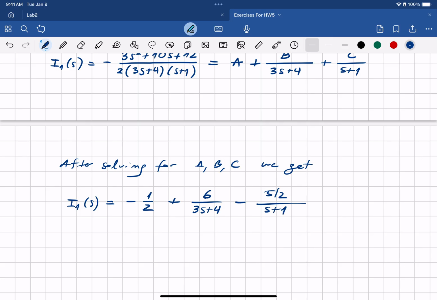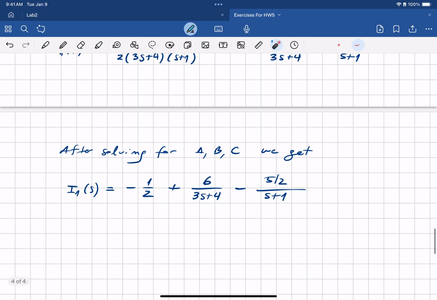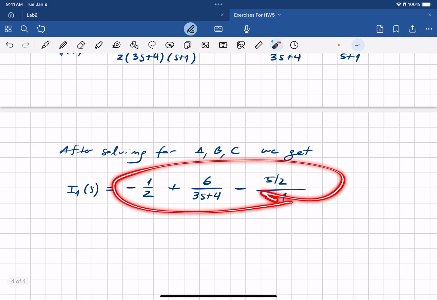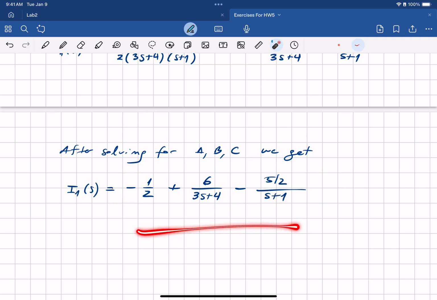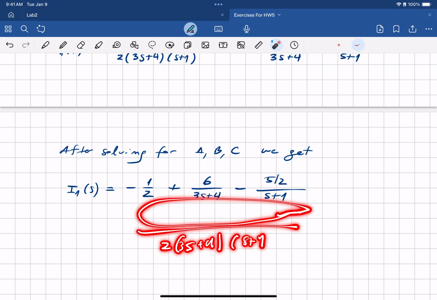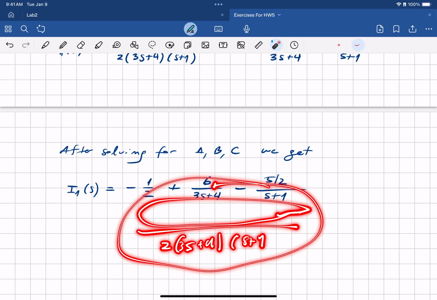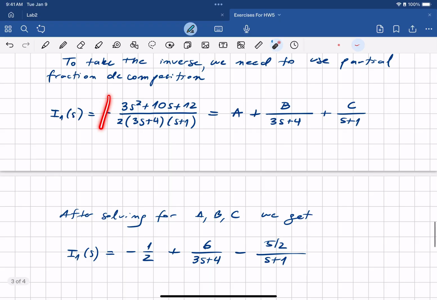How do we know that our answer is correct? Because you can combine them back, right? We have a common denominator, 3s plus 4 times s plus 1. We have something on the numerator, and the whole thing put back together should equal the original fraction. That's a way for you to verify that the partial decomposition was correct.